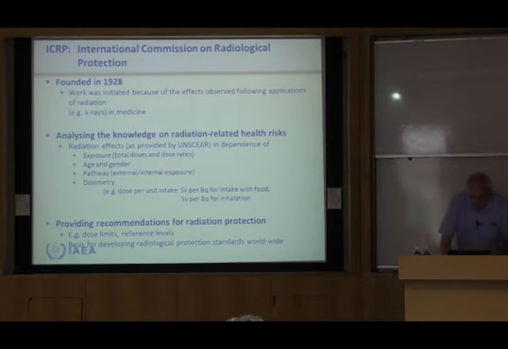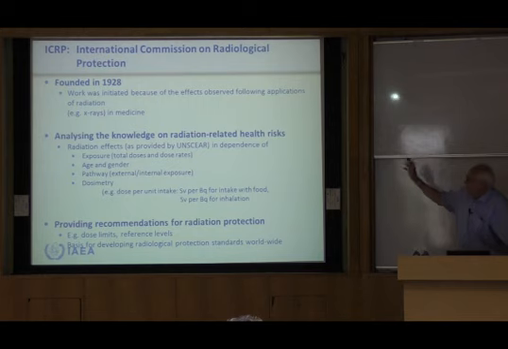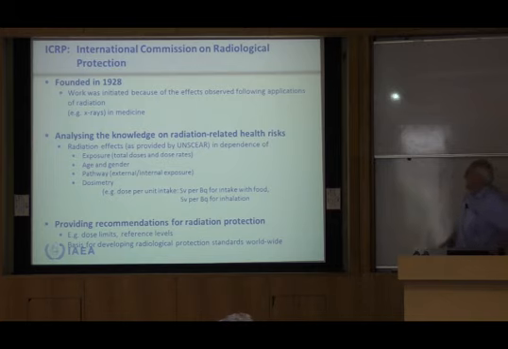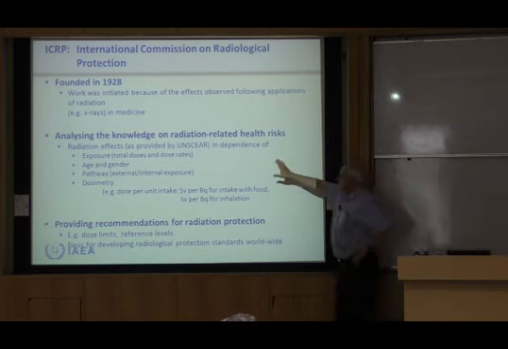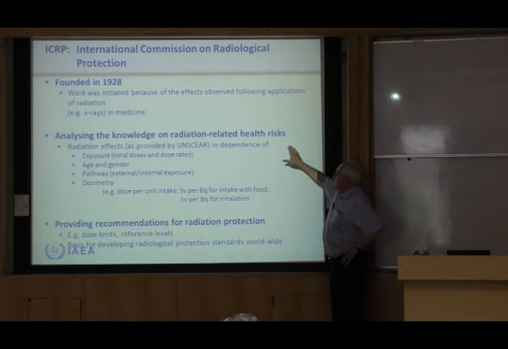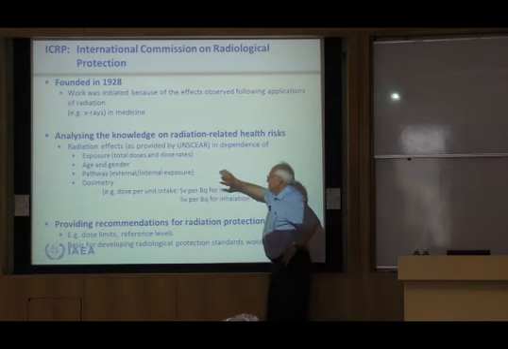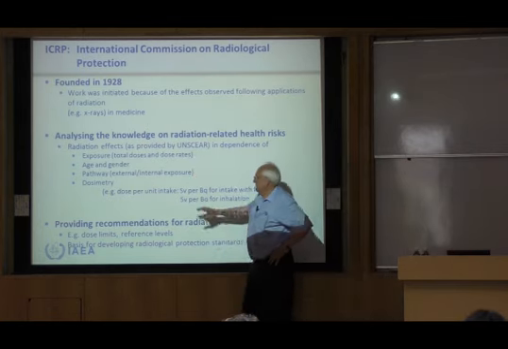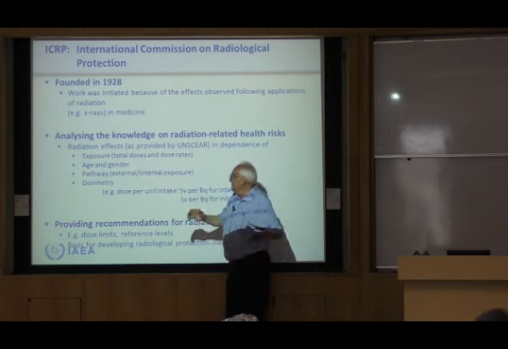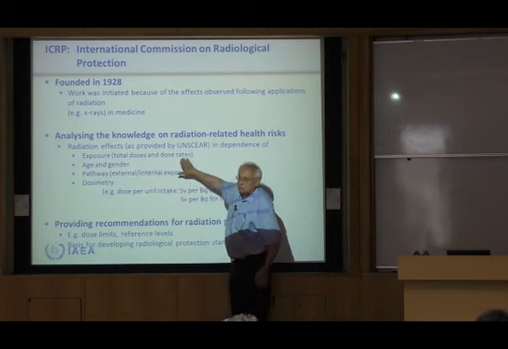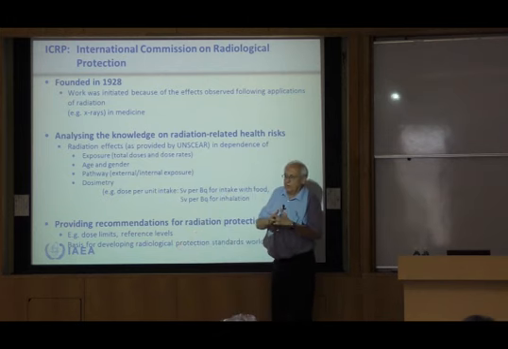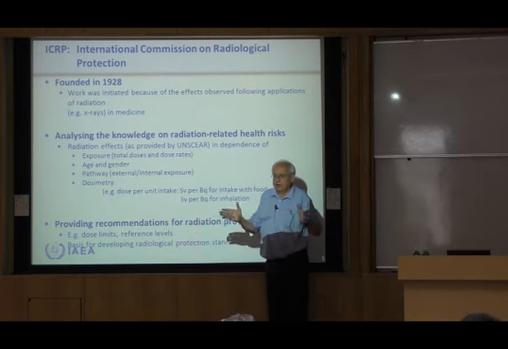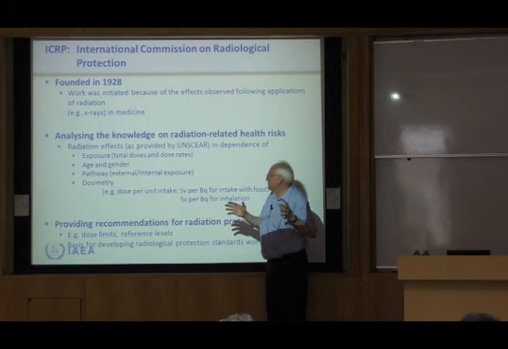Okay, the ICRP, that was founded in 1928, and it was in particular at that time analyzing the knowledge on radiation-related health effects. Depending on the exposure, this means on the total dose which was applied, but also on the dose rate. This means what was the time period during which these doses were applied.